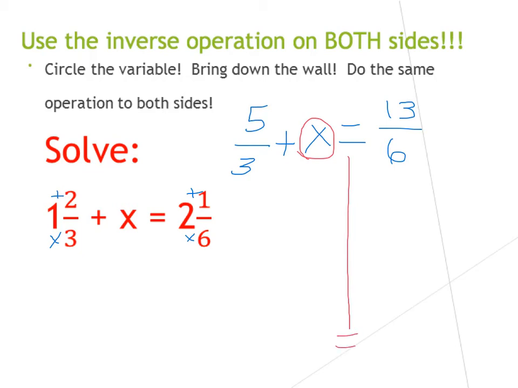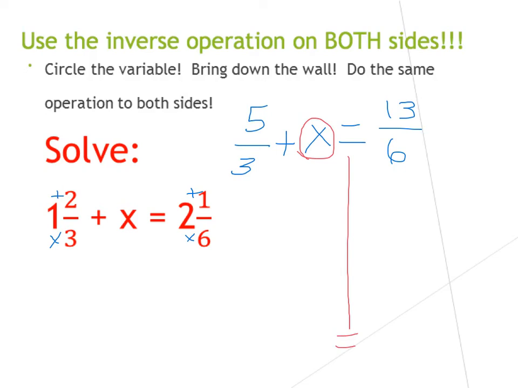And I notice that I'm adding 5/3. Now I'm not adding 5/3 because of this plus sign. I'm adding 5/3 because this 5/3 is a positive. And remember, you can always assume that it's positive unless there is a negative sign.